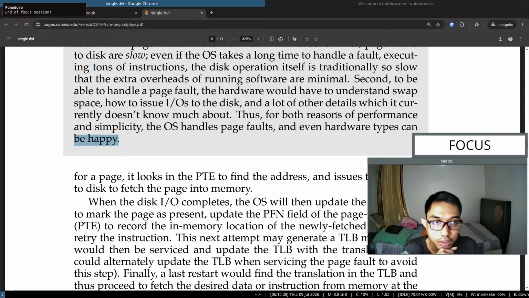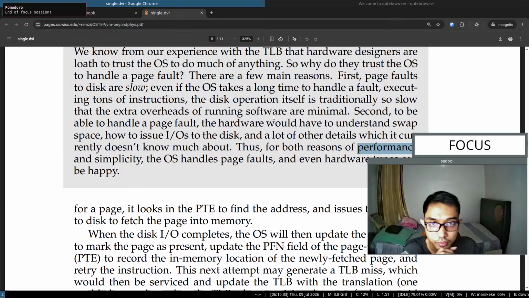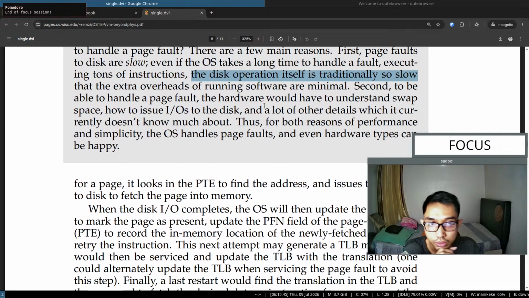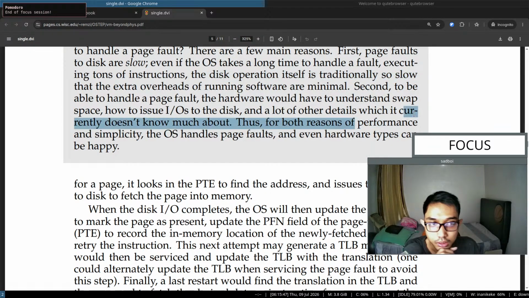Okay, I'm not sure about the performance stuff. I mean, that this operation itself is traditionally slow, right? Does it even matter?